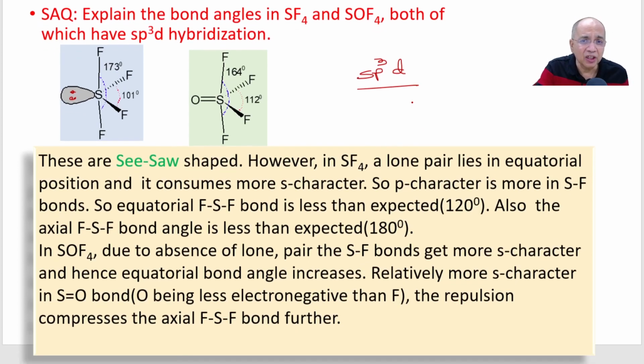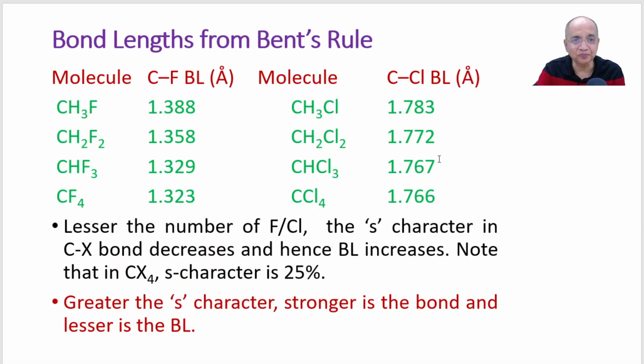And let's talk about bond length. How Bent's rule comes to our rescue to explain the bond lengths. Just think of the CF bond lengths in substituted methanes. This is fluoromethane, difluoromethane, trifluoromethane, tetrafluoromethane.